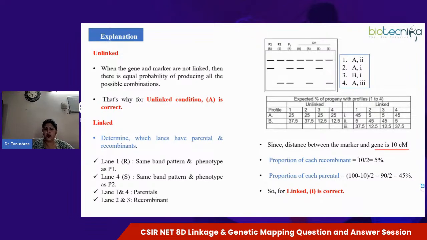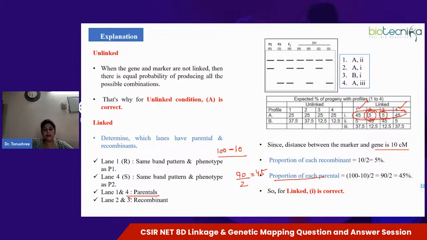And if we assume 100 progeny, from the total, if you remove the recombinants, you are left with 90, and each parental will be 45%. So that is what is mentioned here. Lanes 1 and 4 should be parental, which we have already mentioned, so the value should be 45 for them, and for recombinant it should be 5.